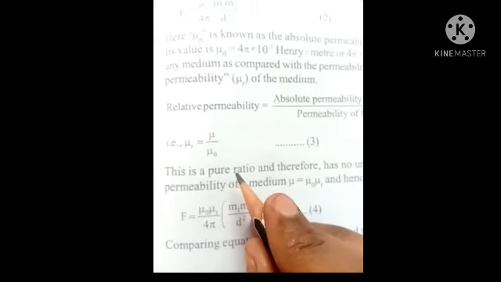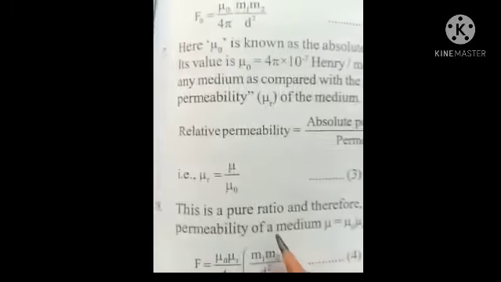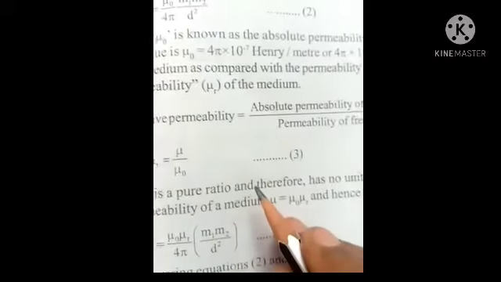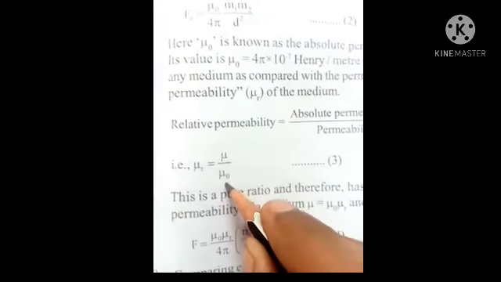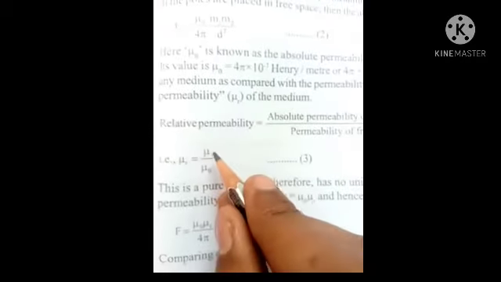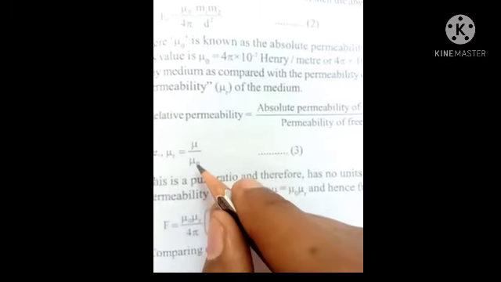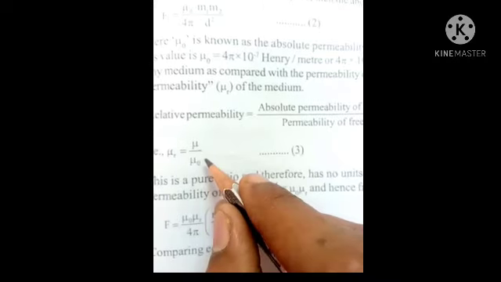This is a pure ratio and therefore has no units, since it is the absolute permeability divided by the permeability of free space.